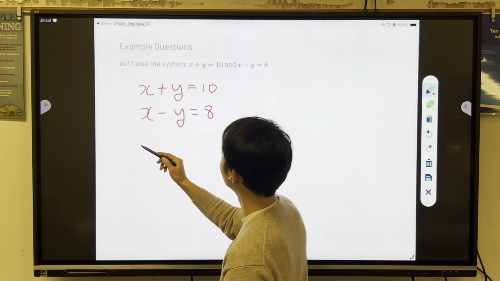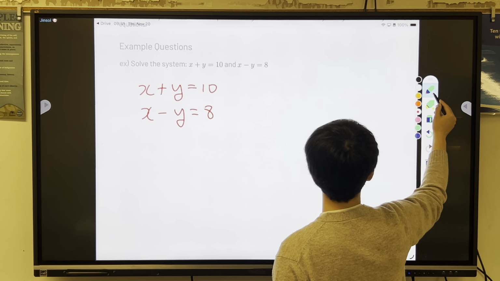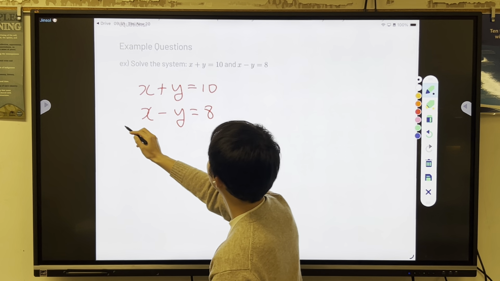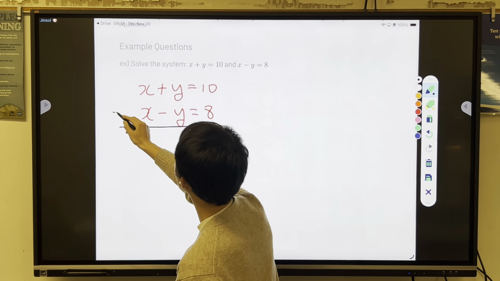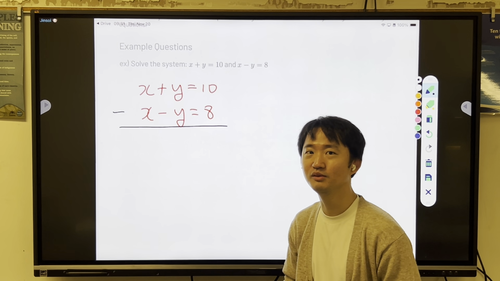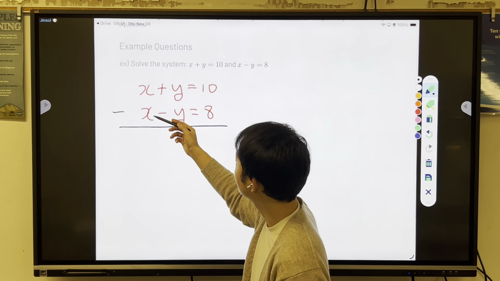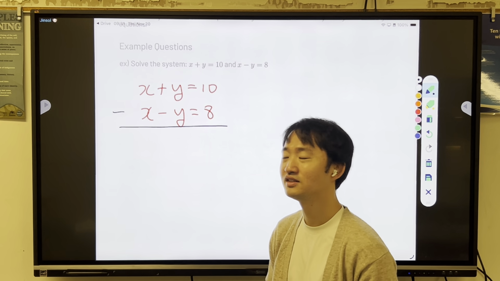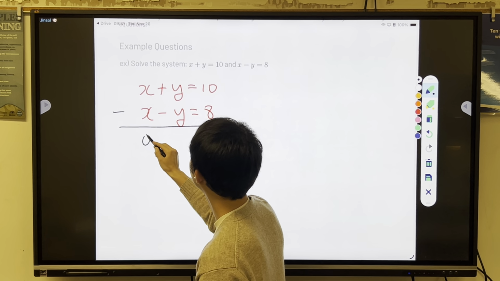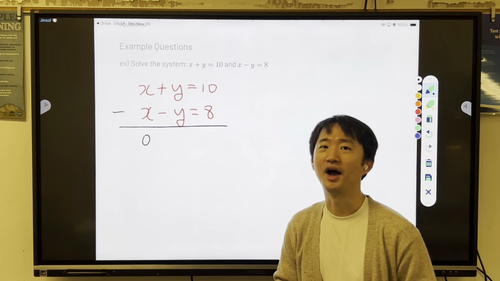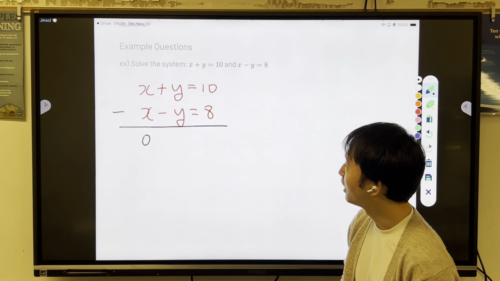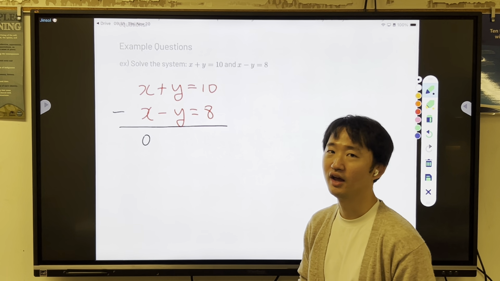At this point, I'm going to subtract the two equations. That's why it's called elimination. We do x minus x, and x minus x is 0. What about y? I have positive y minus negative y.